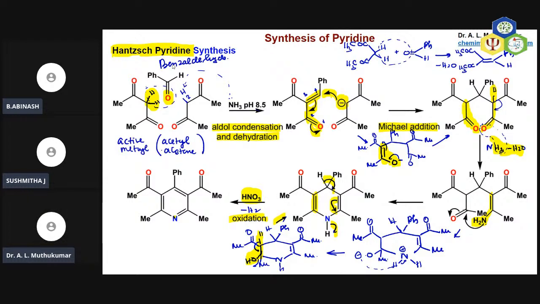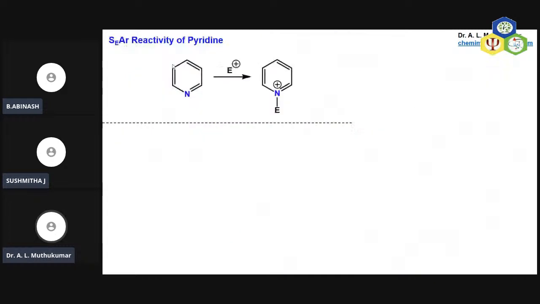Okay. Fine. I would like to go to the reaction part of this pyridine. Pyridine is a peculiar compound when it reacts in electrophilic aromatic substitution. So what is the thing that is happening? When pyridine is introduced to an electrophile, the basic definition of electrophile is electron liking species.